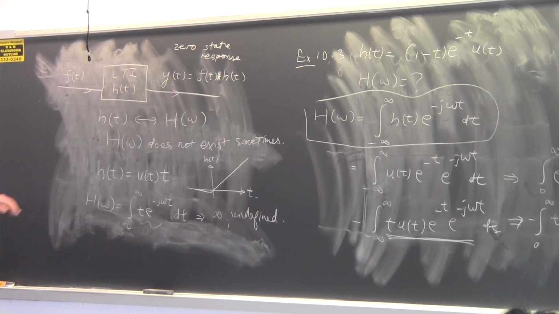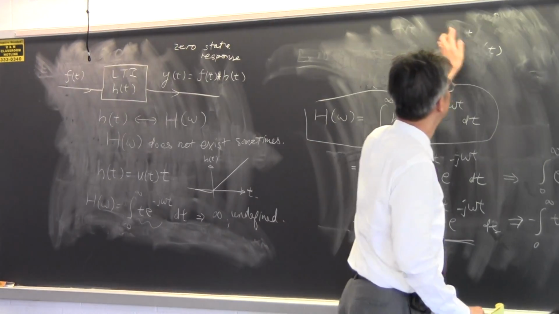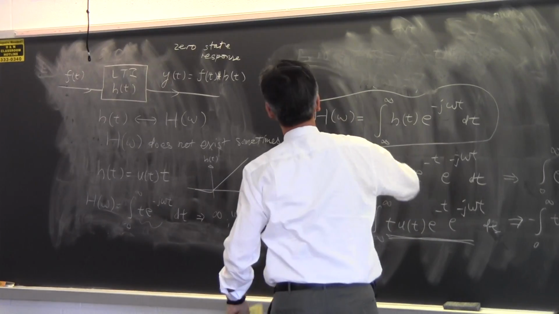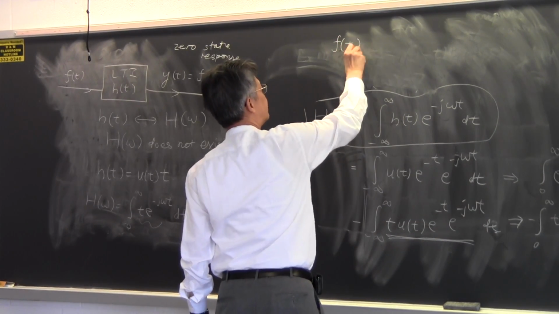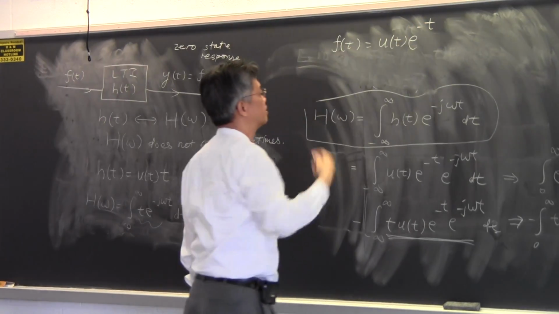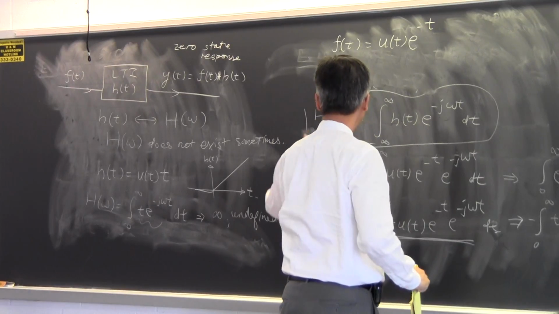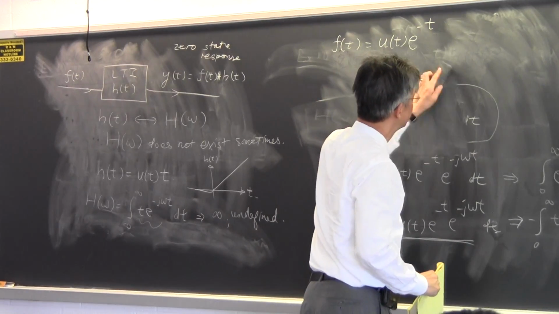But yet you can put in inputs where this convolution integral exists. Let me give you an example. Say my input f of t is an exponentially decaying function, u of t e to the minus t. If you try to find the convolution integral, it still can be done.